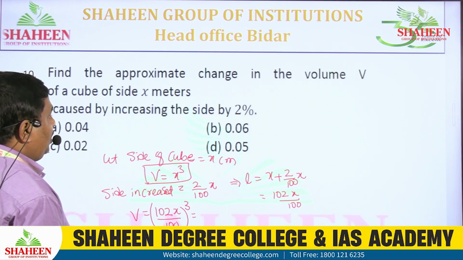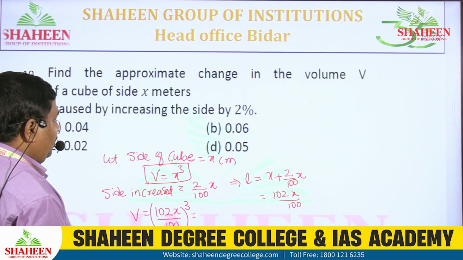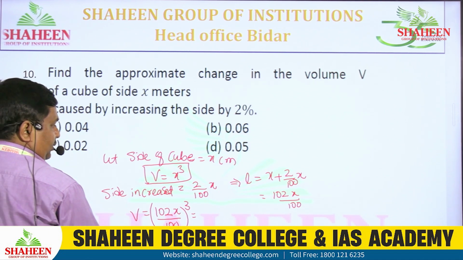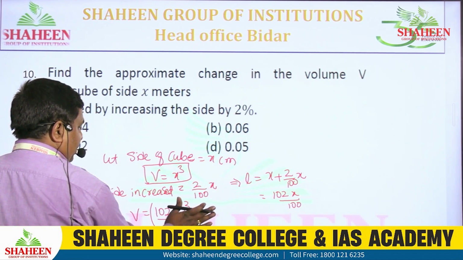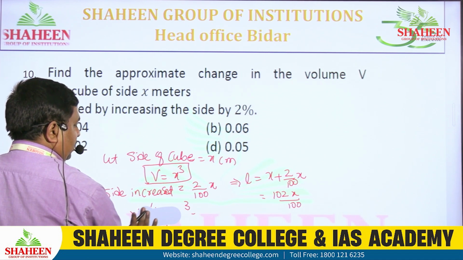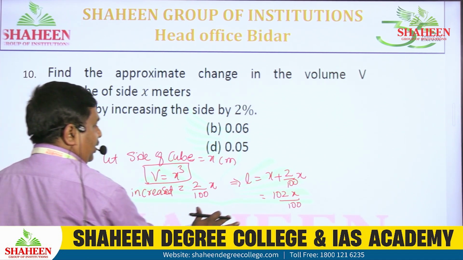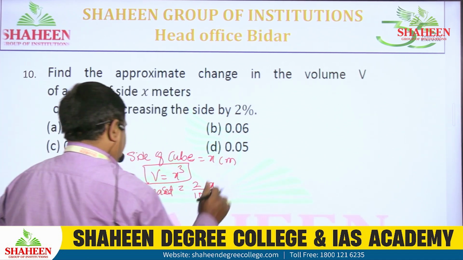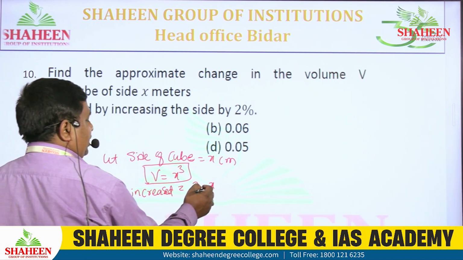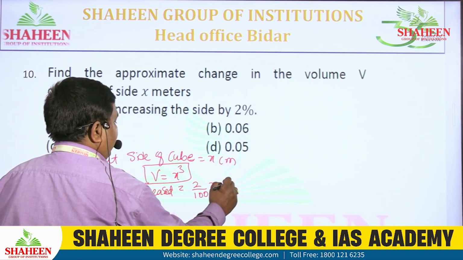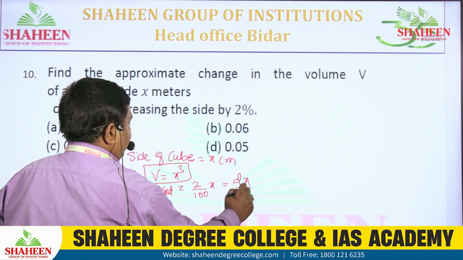Approximate change in the volume. Increased by 2%. Let us solve in a different manner. Increased by 2% means this is 2x by 100, that is dx by dt.